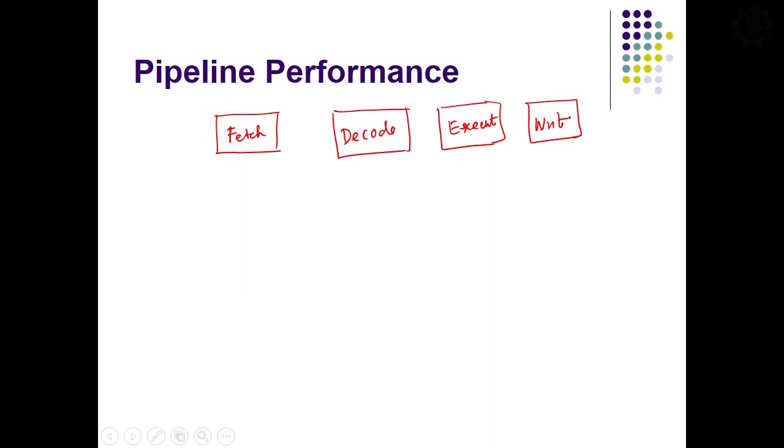Let us say each stage takes tau cycle, and then there is an intermediate buffer, which takes let us say d, fixed for all internal stages here.